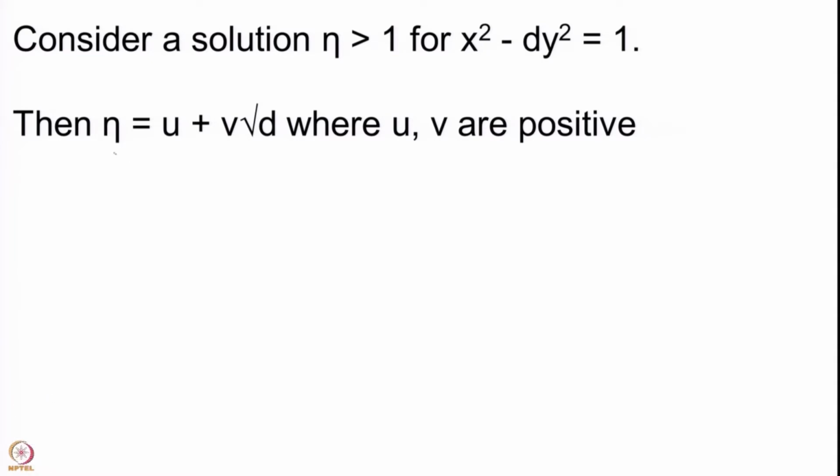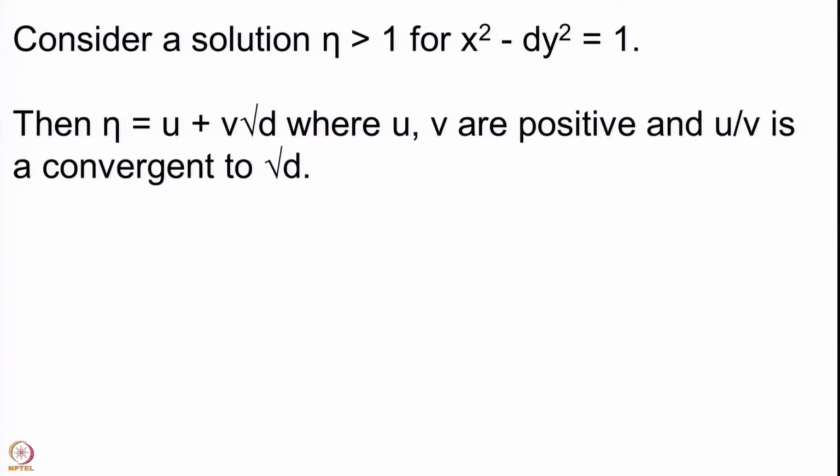This is something that we have already seen. Such an eta is going to be in the set capital A that we had defined earlier. So, here both u and v are clearly positive. Moreover, u by v is going to be a convergent to root d. So, let us see how this comes about.